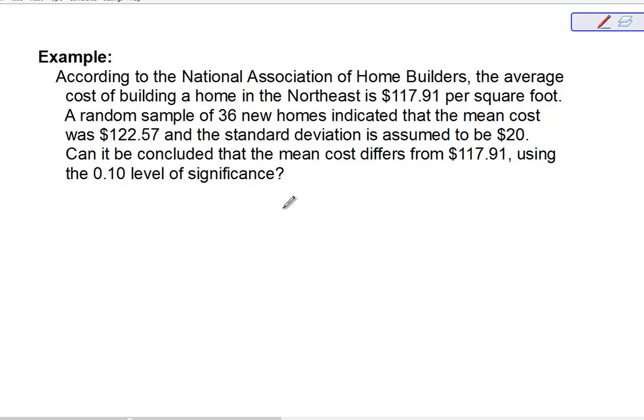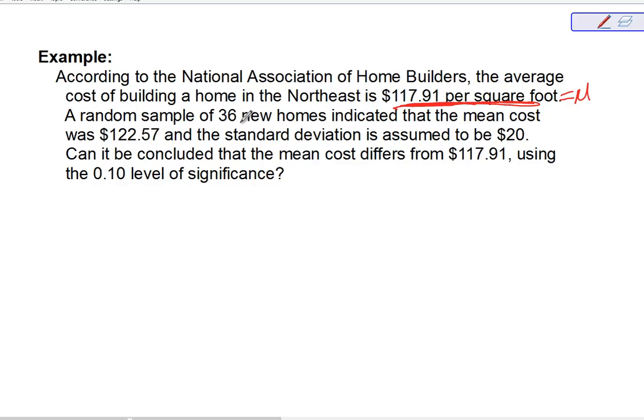Again, a lot of information in there. We just need to go through and identify what information we have. So according to the National Home Builders, the average cost is $117.91 per square foot. So this right here is your population mean.